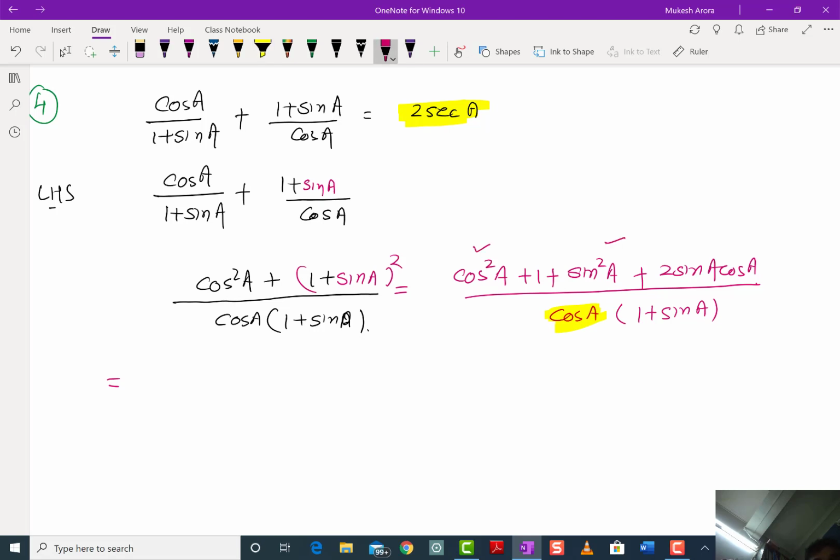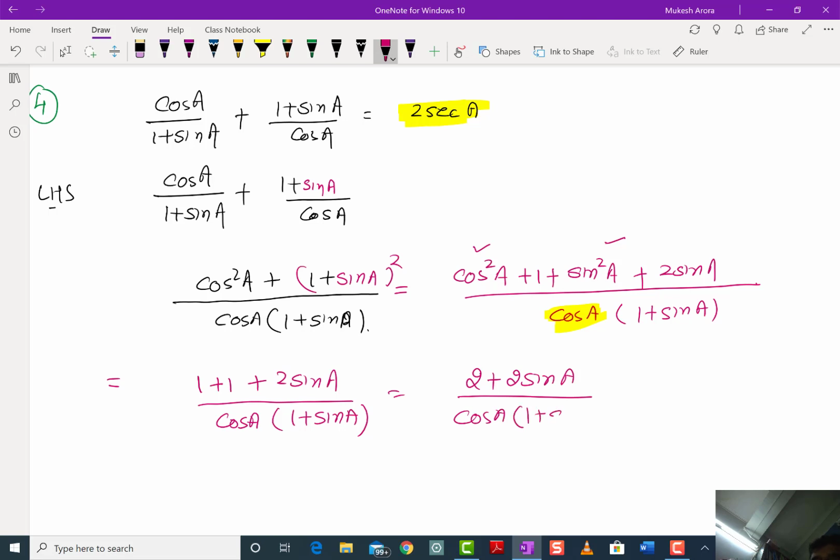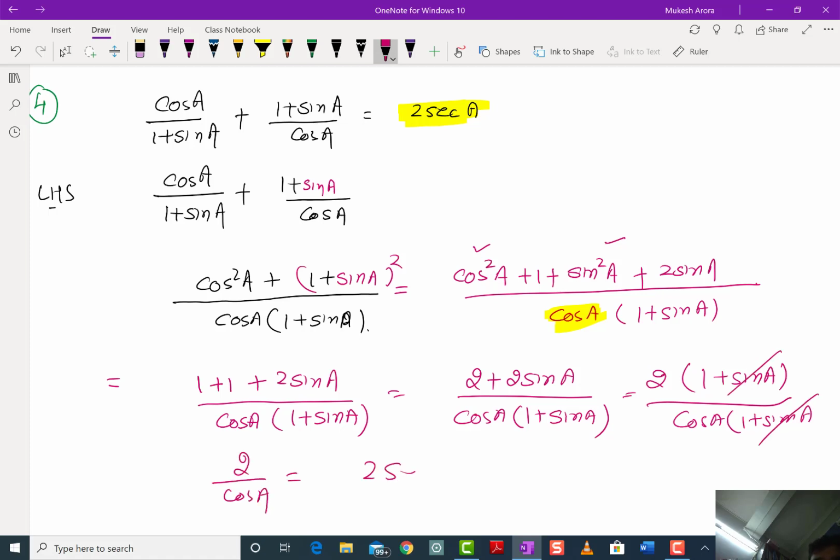Sin square A plus cos square A is 1, plus 1 plus 2 sin A, upon cos A into 1 plus sin A. This will be equal to 2 plus 2 sin A upon cos A into 1 plus sin A. Again 2 is common, so 2 times 1 plus sin A upon cos A into 1 plus sin A. This is cancelled. This is 2 by cos A, which is equal to 2 secant A, which is equal to RHS.